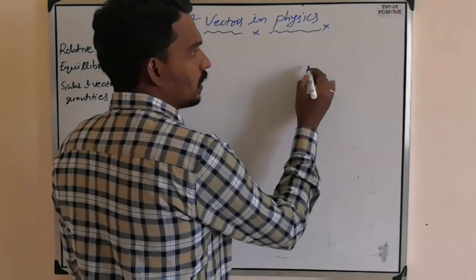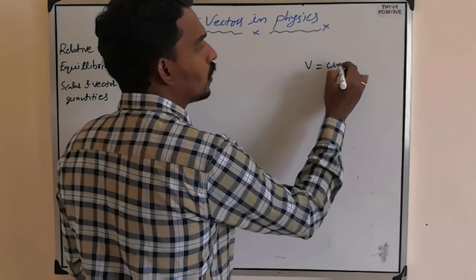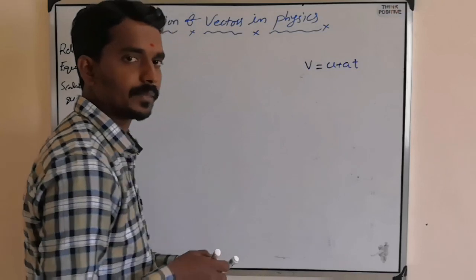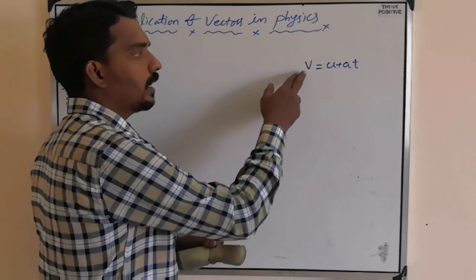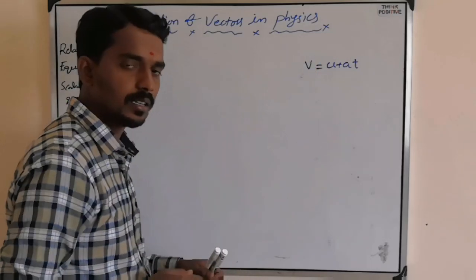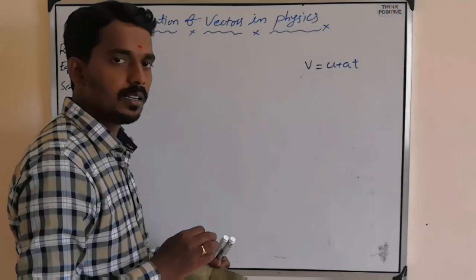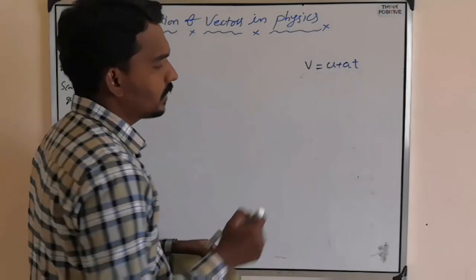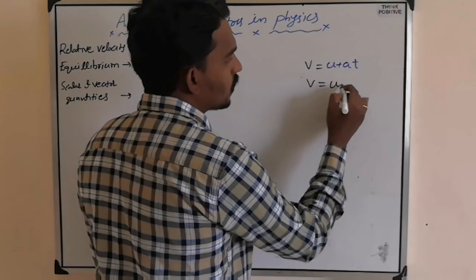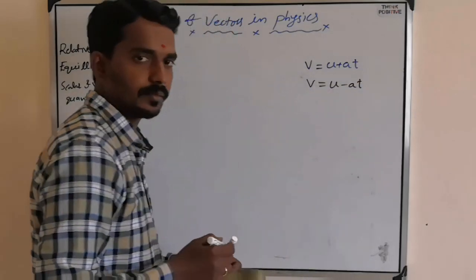Let's take the equation of motion V equal to U plus AT. It is the relation between final velocity and initial velocity for a particle moving with constant acceleration. And the same relation you will write as V equal to U minus AT.